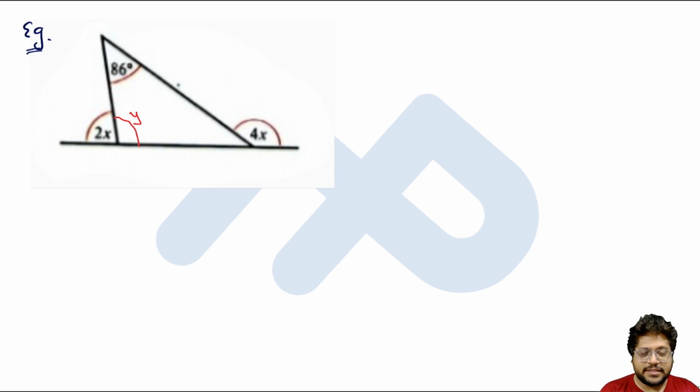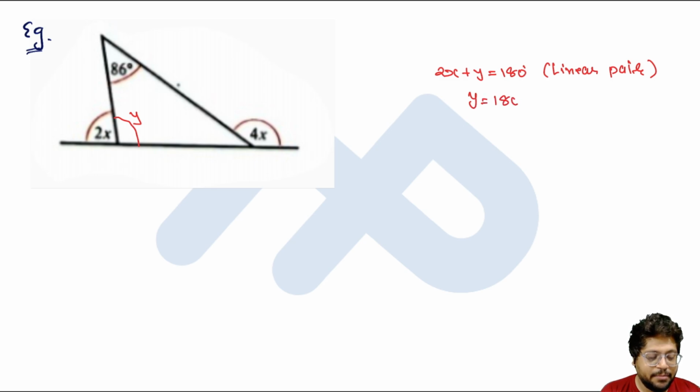So this 2x and y, they are supplementary angles, so they add up to 180. So 2x plus y is equal to 180, and the reason is linear pair. So this y can be written as 180 minus 2x. Clear? So y I am writing 180 minus 2x.